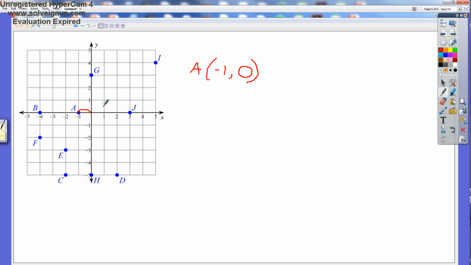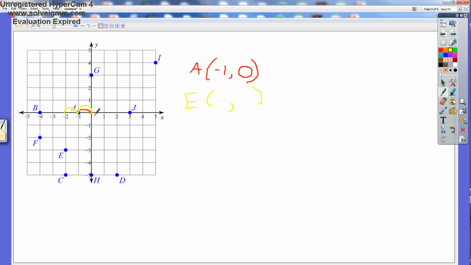So let's go ahead and do a couple other ones, maybe ones where we don't have 0 as a number. Let's choose E down here. So I'm going to say, okay, well, here's my E. Put my parentheses there. I know there's going to be a comma in the middle, and I'm going to count now. So E is down here, so let's get the X out of the way here. I'm going to count 1, 2.